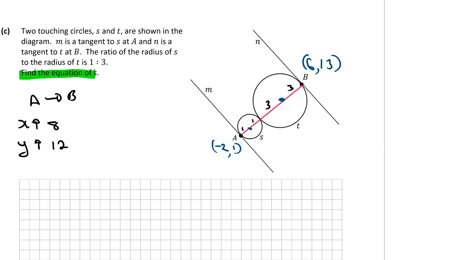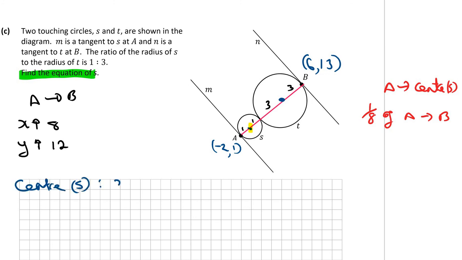So that is going from A to B, but I only need to go to the center of the circle S. So in the rough work here, I might just add that to A to get the center of S. It's actually only going to be 1/8 of A to B. Therefore, the center of S for x is going to be -2 plus, we're only going up 1/8 of 8, because the center there to A is only 1 radius away, which is 1/8 of the total distance from A to B. So that's going to be -2 plus 1, which is -1.